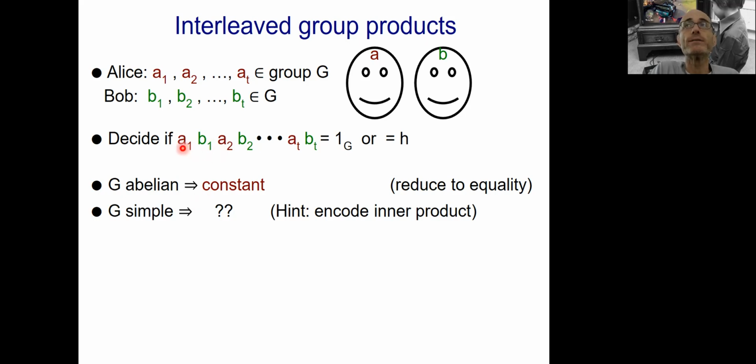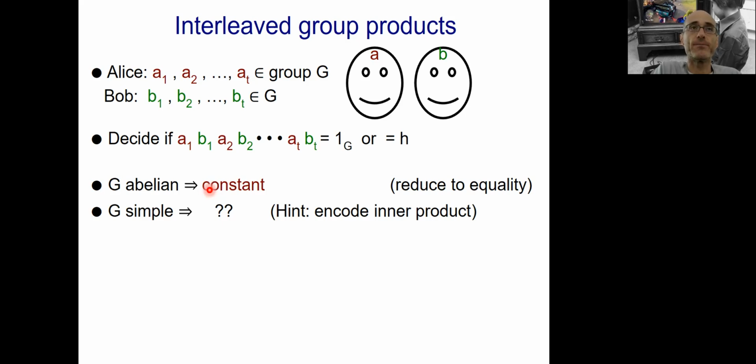Because if the group is abelian, I can just permute these elements. So I have first the product of the A's, then the product of the B's equal to 1. So Alice and Bob can compute the products in their heads, and they can just essentially check equality of these two. So if G is abelian, this problem is very easy.